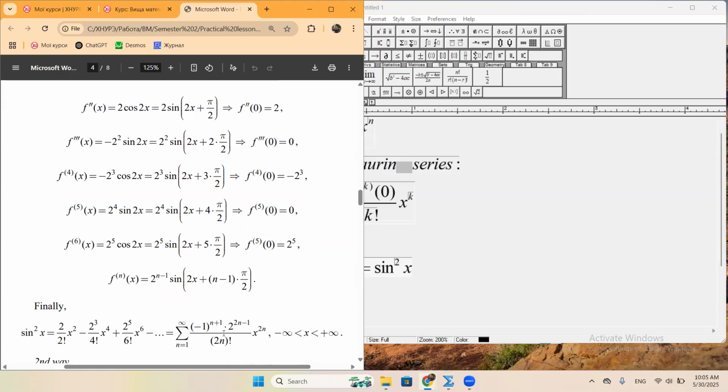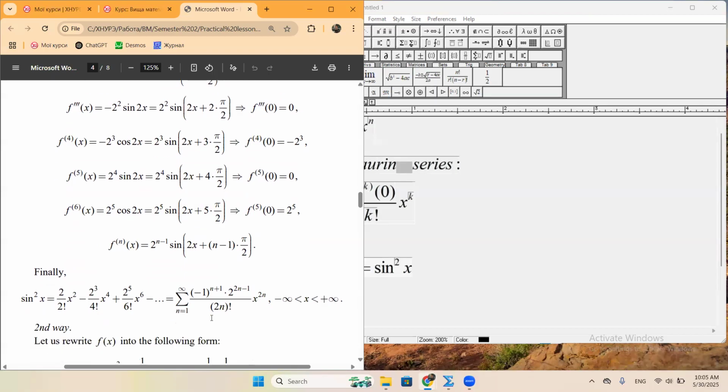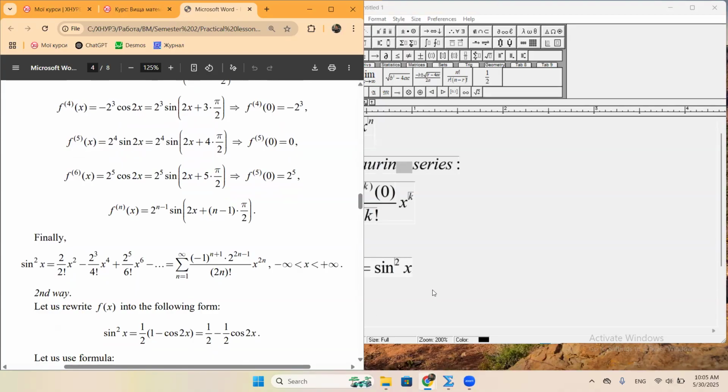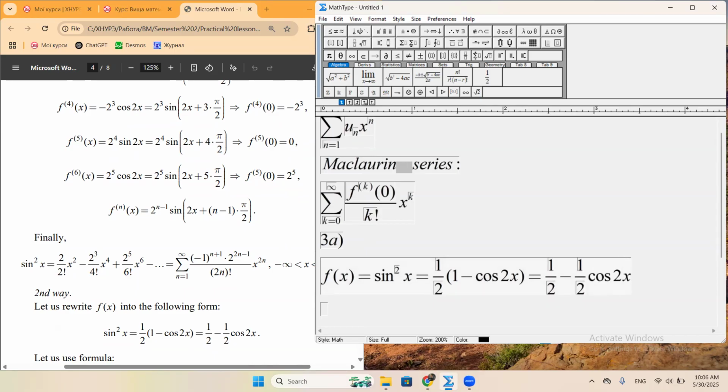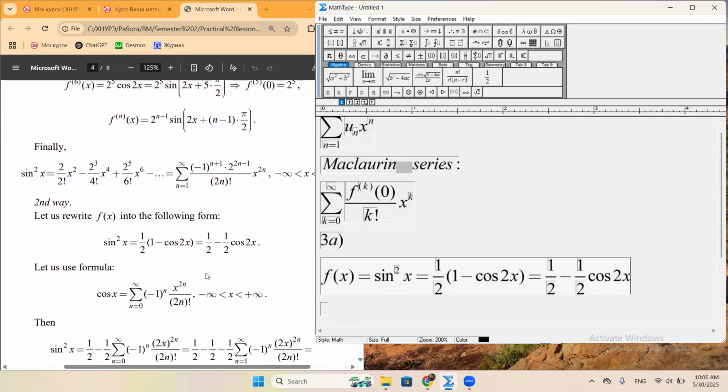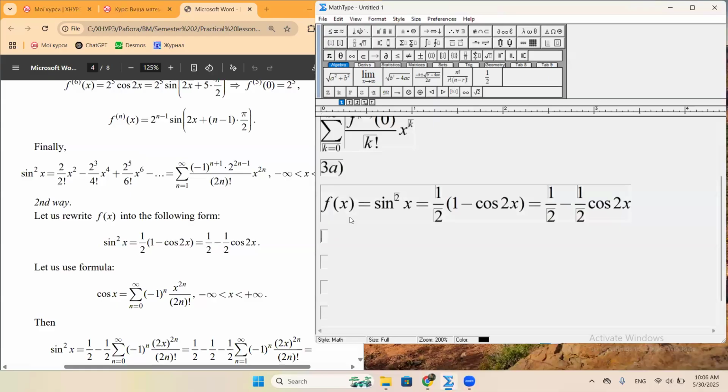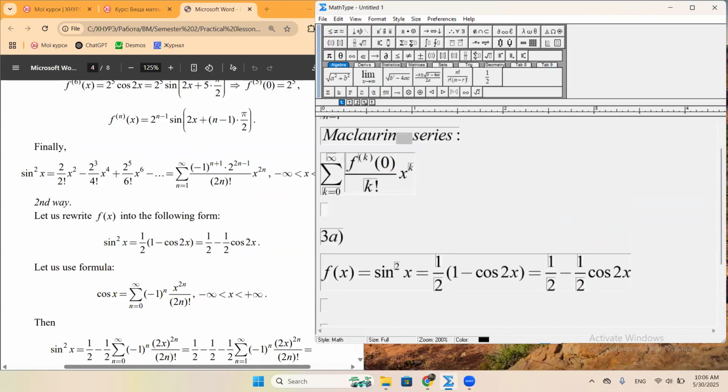And what about the second way? First of all, we will rewrite our function. We will reduce the power. So sine squared x equals 1 minus cosine of 2x over 2, so it will be 1 over 2 minus 1 over 2 cosine of 2x. And we will use the standard expansion of cosine of x. Let me write it down here.